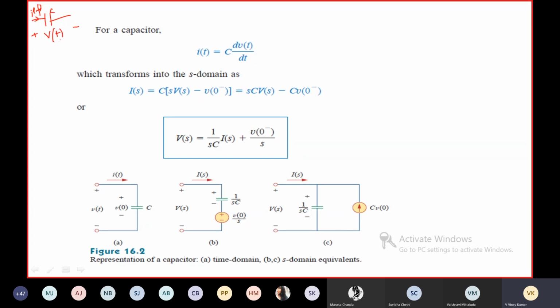The voltage-current relationship of the capacitor is I of t equal to C dV of t by dt, in time domain. Coming to S domain.